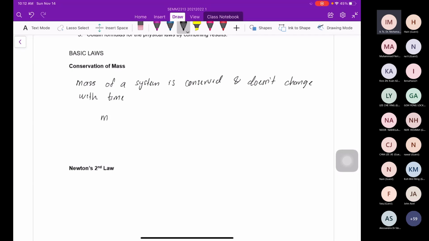For example, mass of the system equals constant. This is the formula where the change of the mass in the system is equal to 0, which reflects m dot equal to 0.